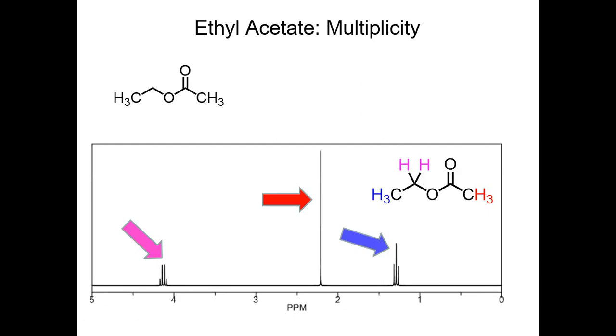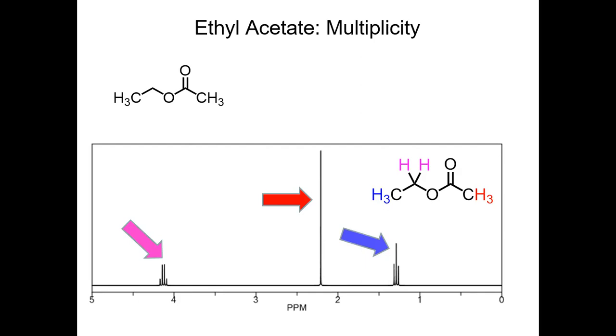So this is again how you can put a structure together from an NMR. If you see a quartet, then you know that however many protons that set of protons represents is neighbored by a CH3, right? Or neighbored by 3 protons. Same thing here. If you see a triplet, then that's telling you that set of protons is neighbored by a carbon that has 2 protons on it.